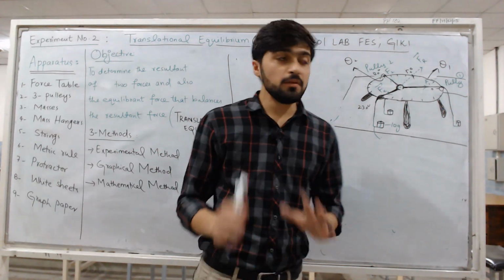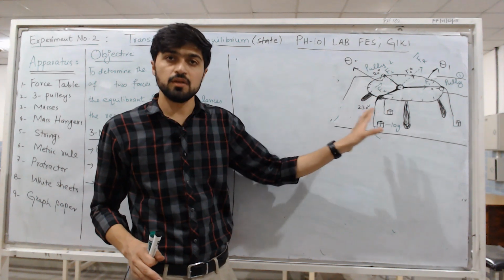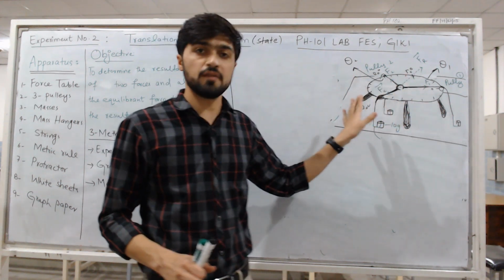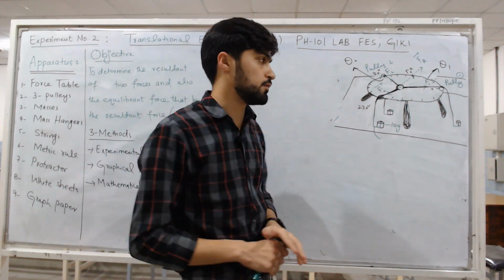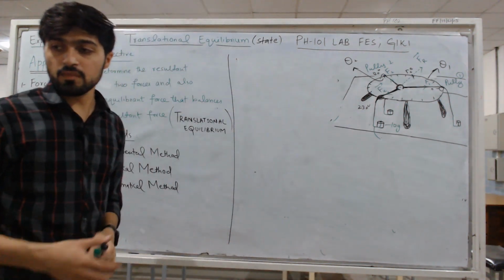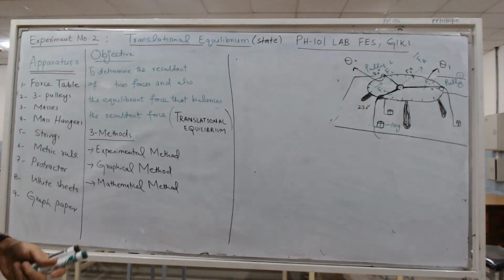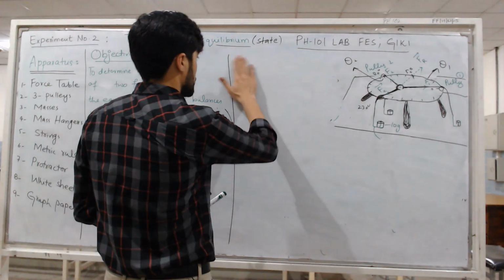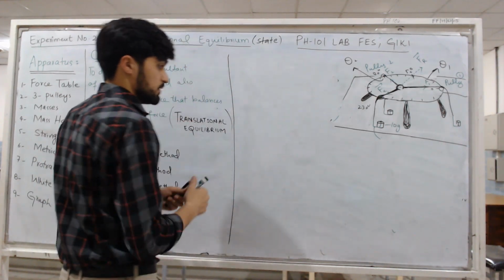Now keep in mind, these pulleys are frictionless. We are considering that these pulleys are frictionless, so we are not including the frictional forces. Now let me explain a little bit the equilibrant force.